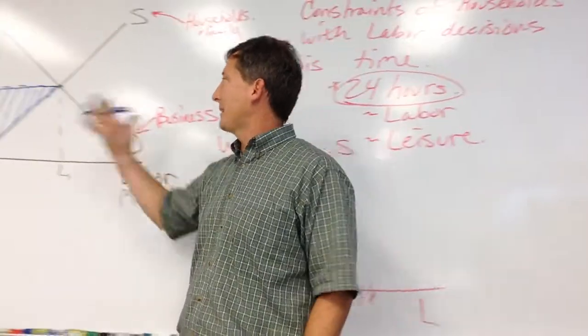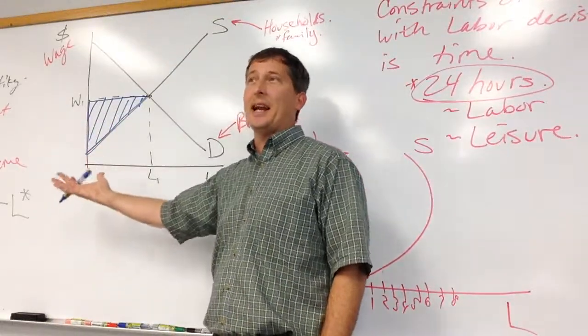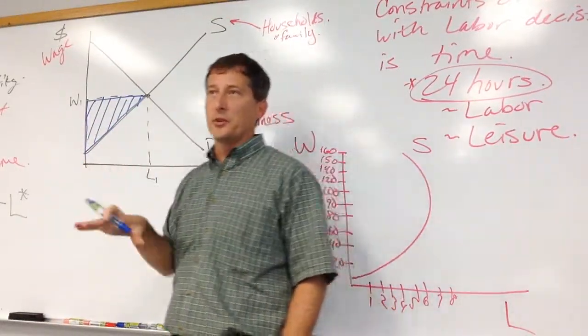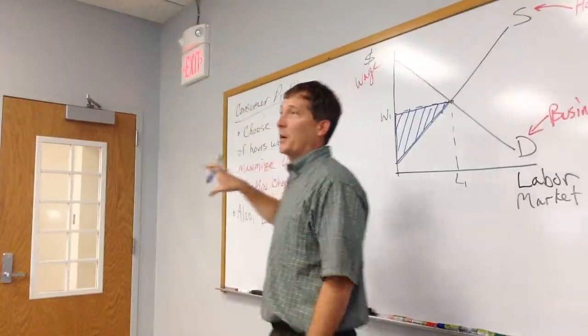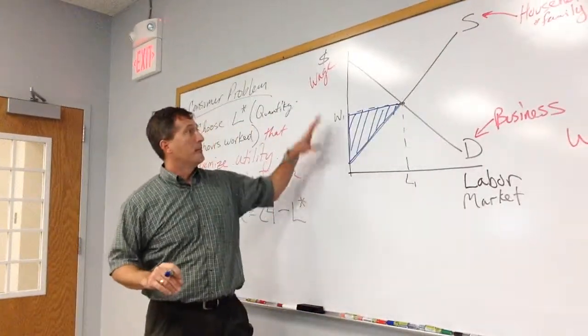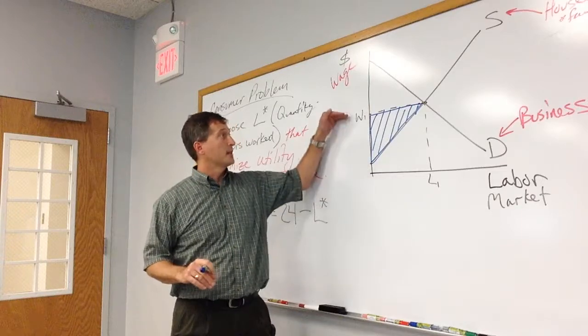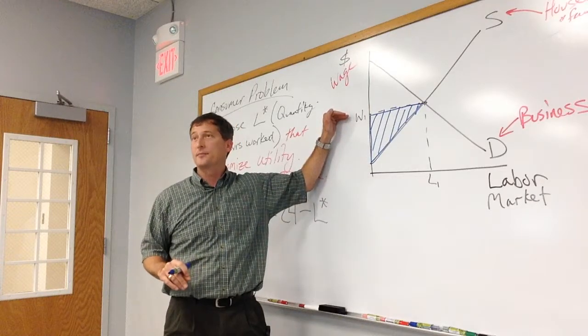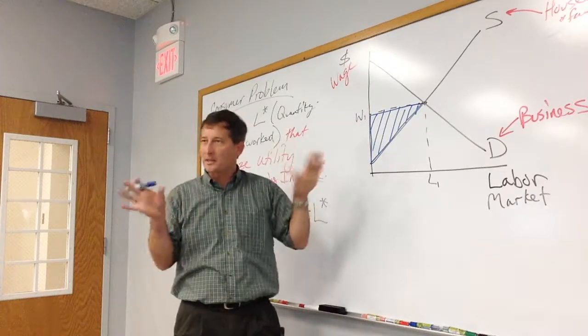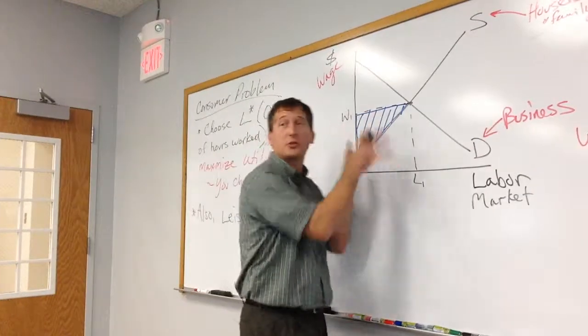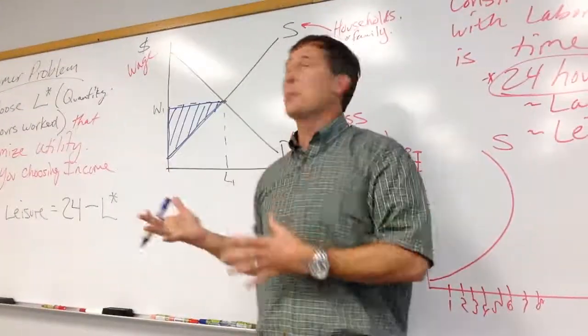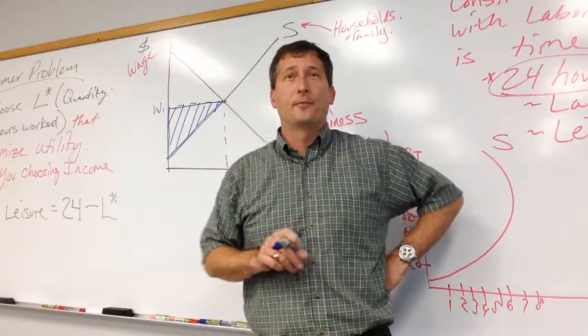And so what is that? Tell me what that's saying now in the labor context. So with the producer, it was the difference between the minimum amount they must get versus the actual price that they get. And it was kind of like profit, but it wasn't quite profit as we learned. But that was producer surplus. Now in the labor market, what's that saying?